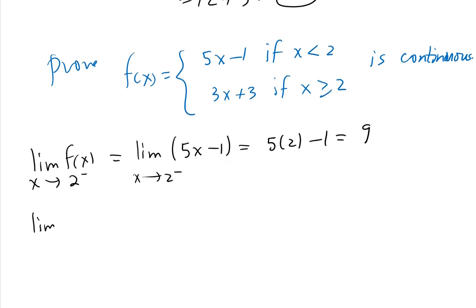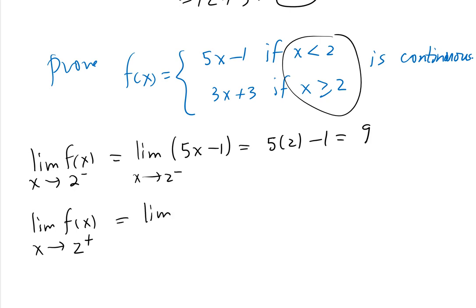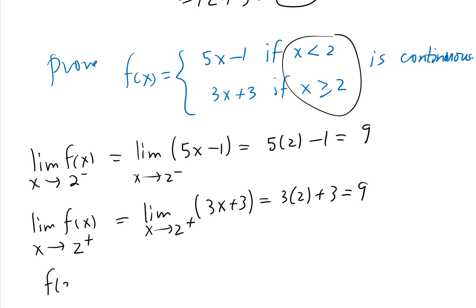Also, we check the limit as x approaches 2 from the right side, because we need to see whether the function is continuous around x equals 2. Limit as x approaches 2 from the right side of 3x plus 3: 3 times 2 plus 3, 9. Also f of 2. For f of 2 we substitute into the second one.